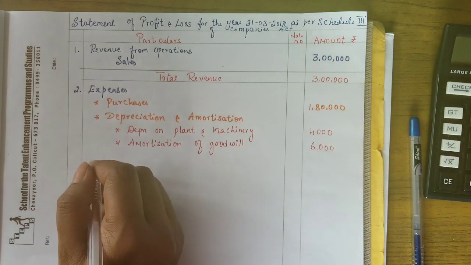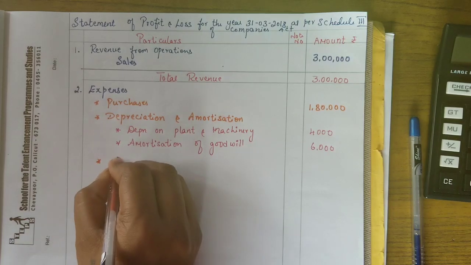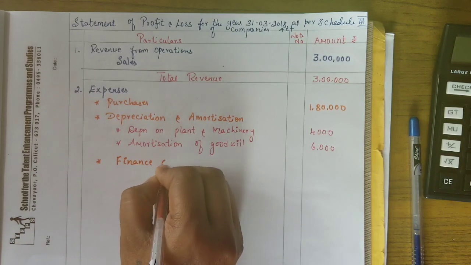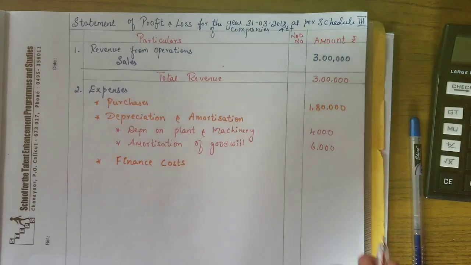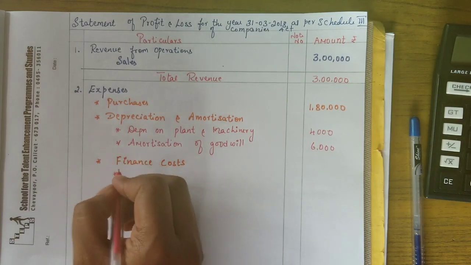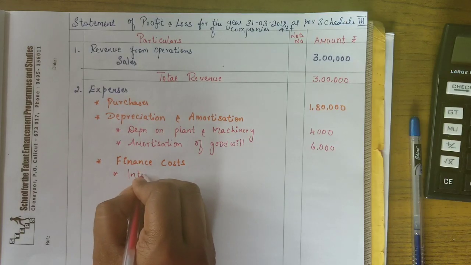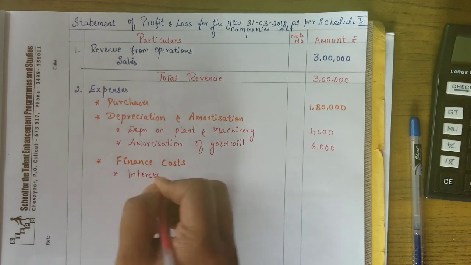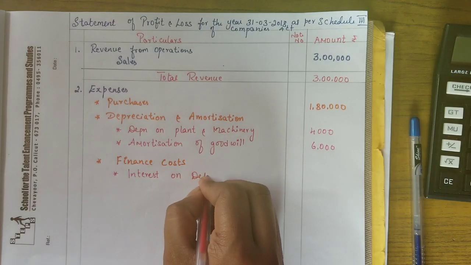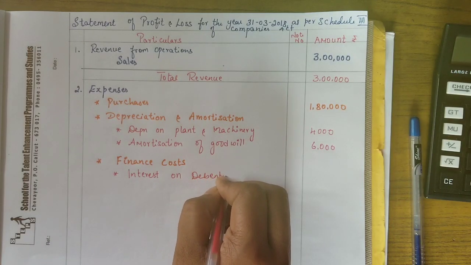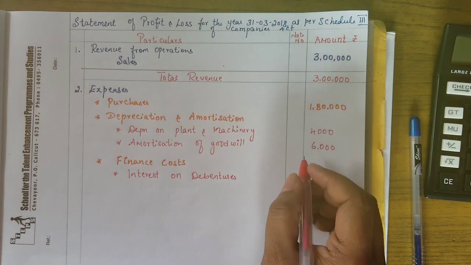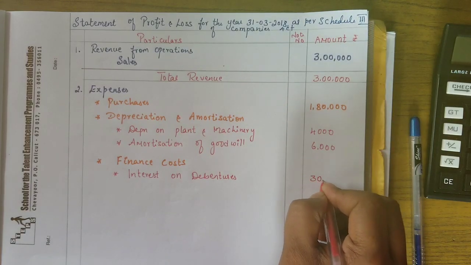Next we have items related to interest, which come under finance cost. Below that we have two interest items. Interest on debentures, amounting to rupees 30,000.